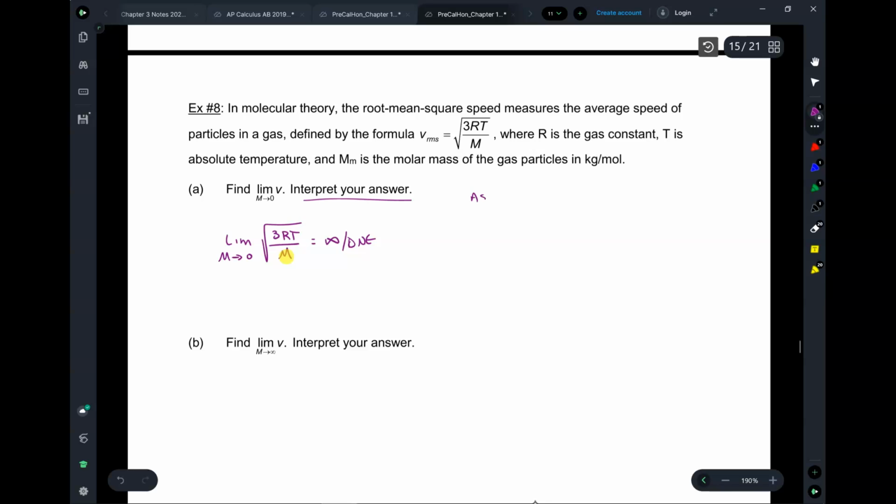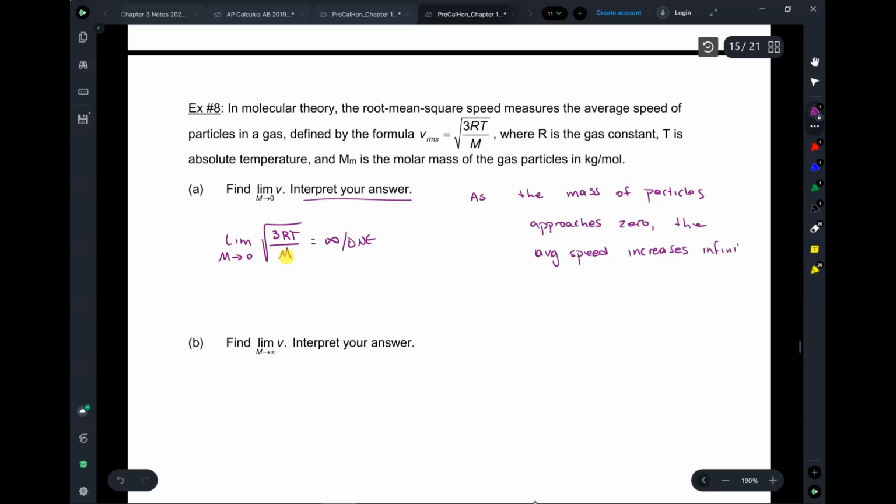So as the mass of the particles approaches 0, the average speed increases infinitely.